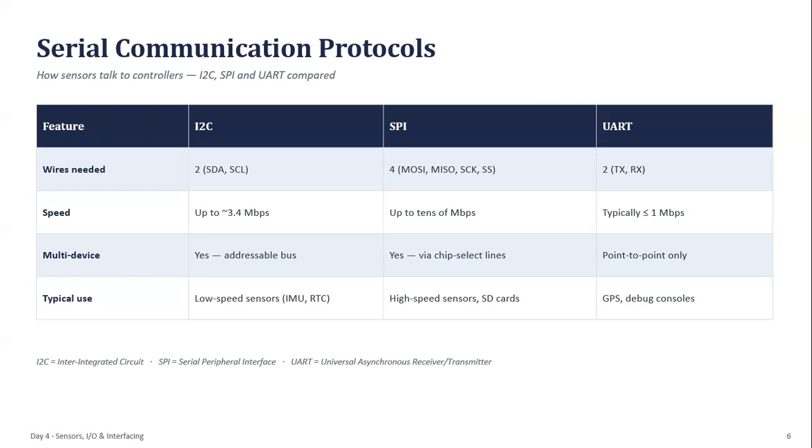UART, the Universal Asynchronous Receiver Transmitter protocol, is a simple point-to-point communication standard commonly used for GPS modules, Bluetooth devices, and debugging operations. The protocol selection depends upon the speed requirements, wiring complexity, and the application requirements. Let us see in detail.